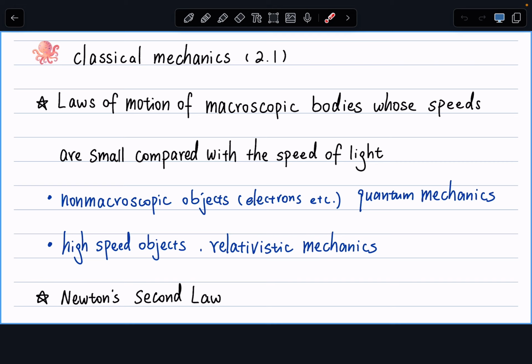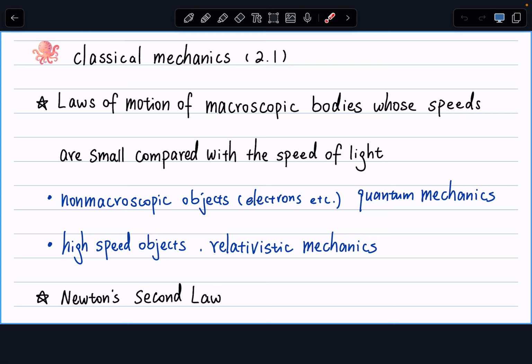Or something moving super fast, very high speed objects whose speed is comparable with the speed of light, will be handled using relativistic mechanics. So our focus will be large bodies, something you can actually touch, that are moving relatively slowly compared to the speed of light.